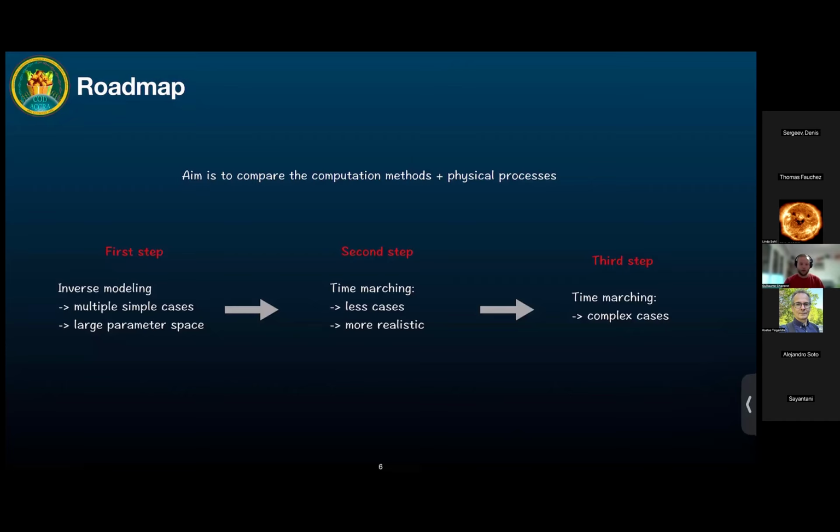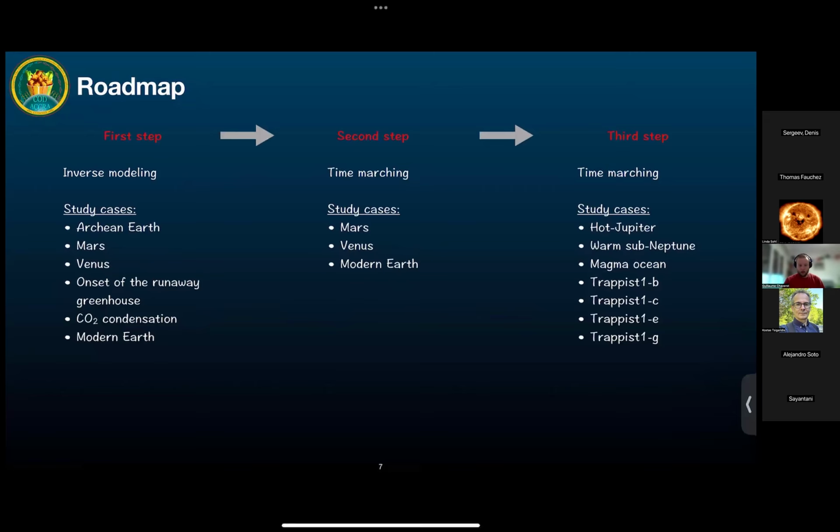The idea behind this is to allow a lot of people to join and to do simulations for this, whatever the capabilities of the model. Some models could do only the cases of the first step. Some others could do every step or just do time marching and not inverse modeling. This is also possible.